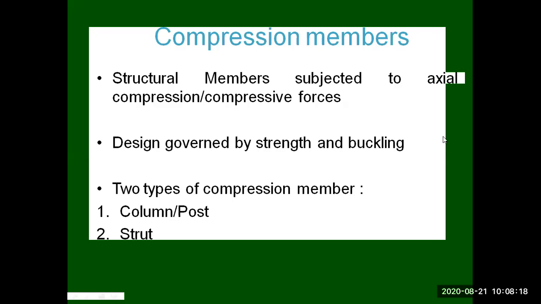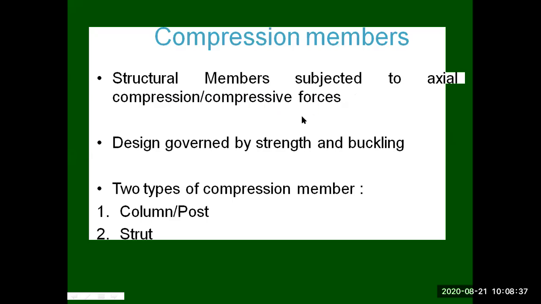See, it is exactly opposite to the tension member. The compression member is nothing but the member which carries axial compression. Here they have written: structural member subjected to axial compression or compressive force.